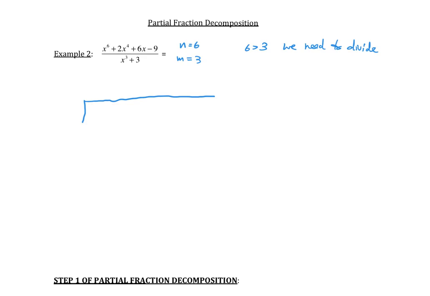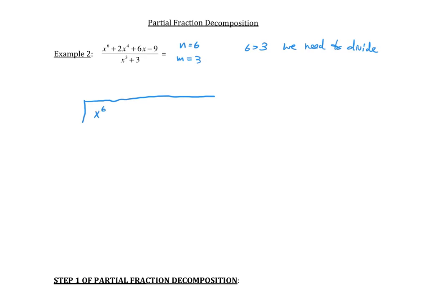I want you to notice that when I look at this polynomial here, there are certain terms that are missing. The x to the 5th term is missing, the x cubed, the x squared term, these are all missing. So when I write my polynomial on the inside, I need to fill in those missing terms.